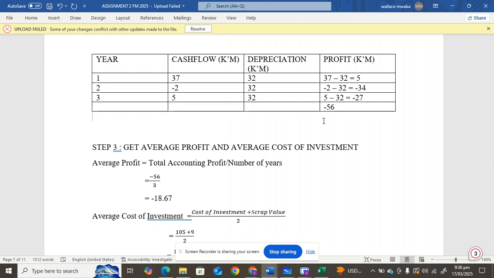Any questions before we now get the average cost of investment?